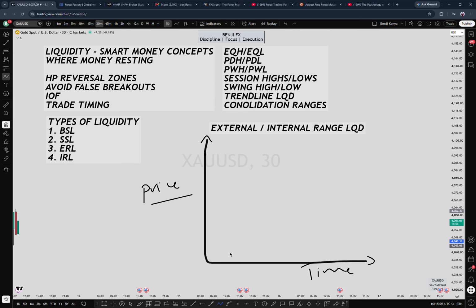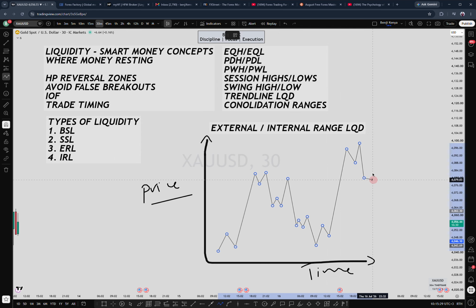Let me just draw it using simple structures like this. The market pushes higher, creates equal highs, pushes lower, and goes all the way down. Then it pushes higher, and pushes lower again.